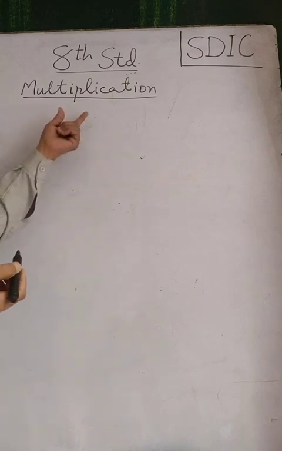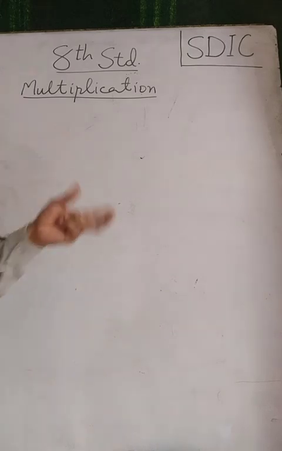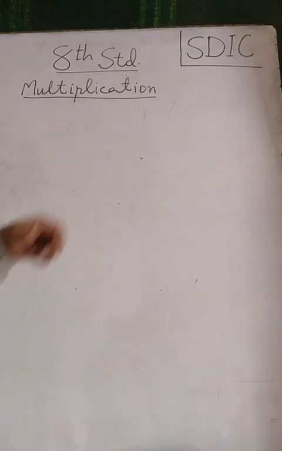So we'll learn how to multiply polynomials. This will include multiplying monomial by monomial, multiplying monomial and binomial, multiplying monomial and trinomial, then multiplying binomial and binomial, binomial and trinomial, all that will be included here. So we'll try to understand how we do that.